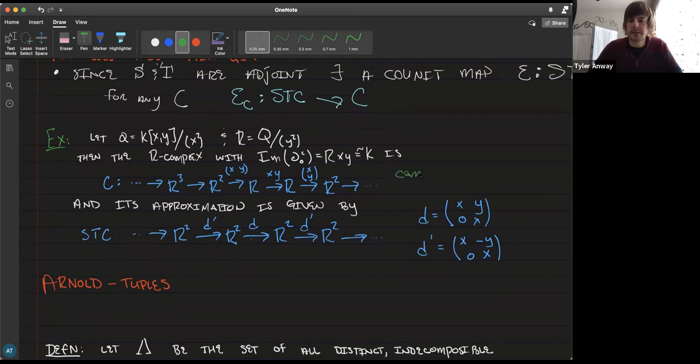So its complexity is 2. But when you take its approximation over this ring Q, you get this periodic complex. So it's complexity 1. And so by looking at its approximation, we are reducing the complexity, which is nice.